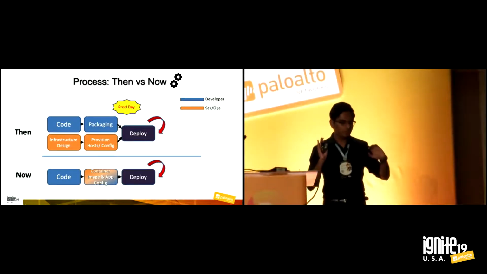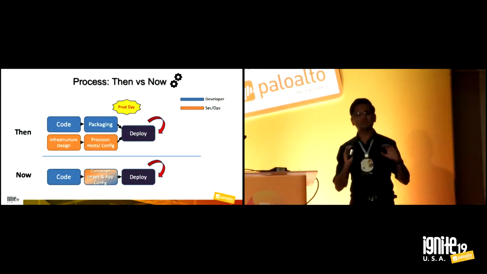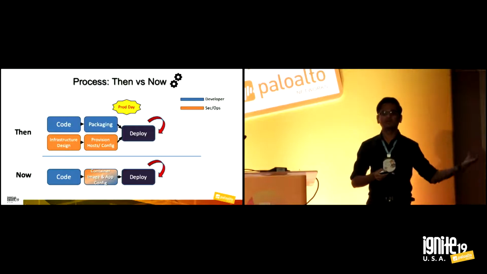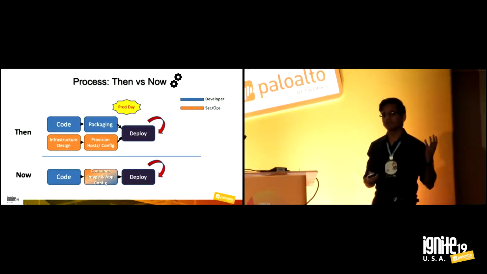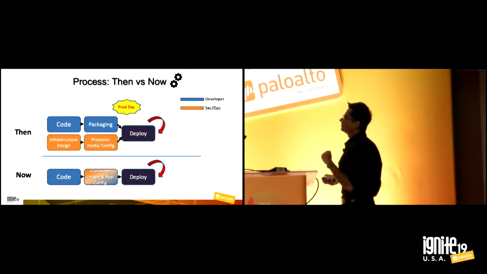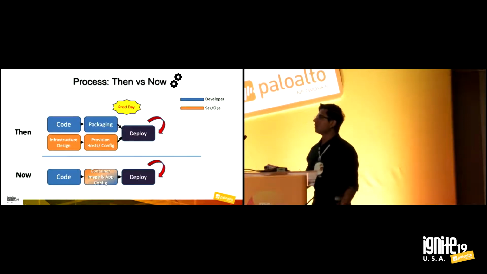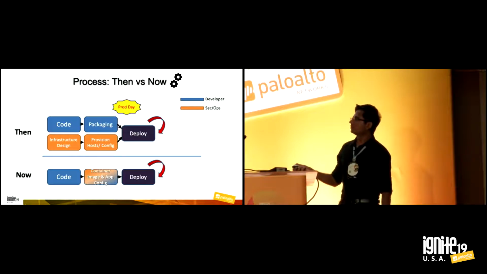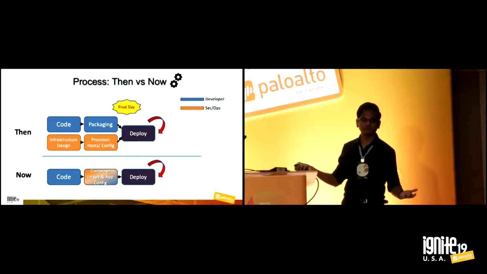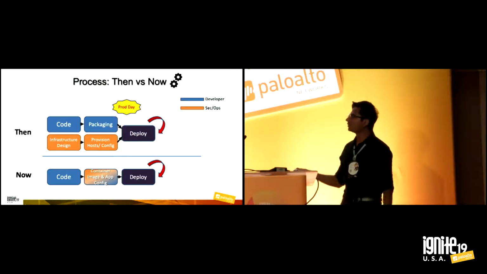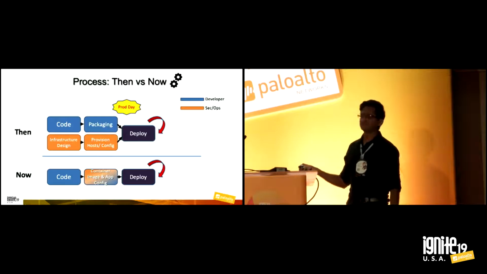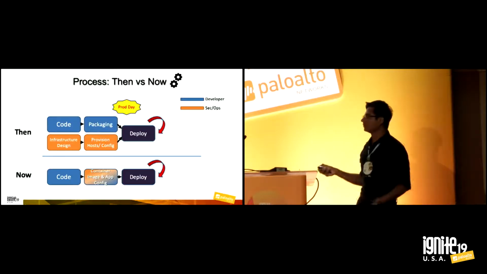So for securing the dev pipeline, the development cycle has changed. It's not exactly what it used to be. The process used to be like this. Your developer, this is in blue stuff is what developers doing, and orange is what security and ops teams are doing.